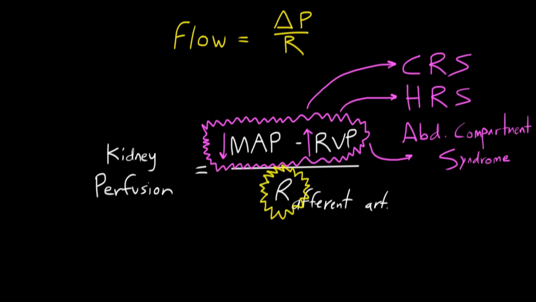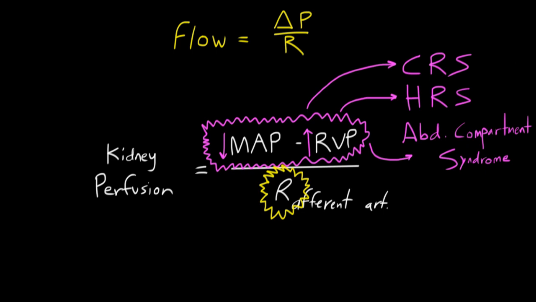Now, I'm not trying to ignore this R term down here, so let's focus on that. But compared to at least the mean arterial pressure and the renal venous pressure, remember, we can't directly measure the resistance. We can measure the MAP, we can measure the renal venous pressure, and even estimate these things using physical exam. But the resistance is a little more tricky, but it's important to know which things will affect the resistance.